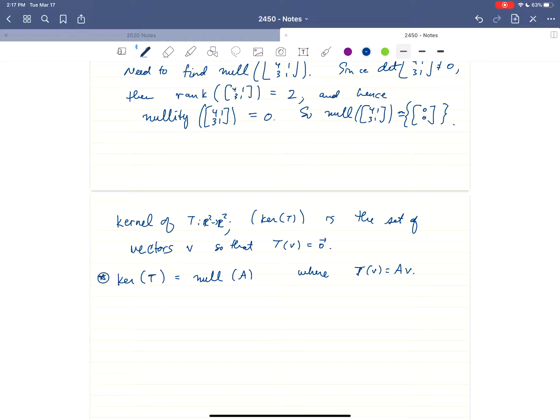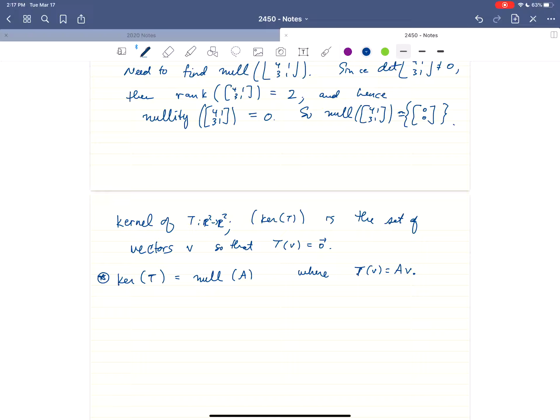So the kernel turns out to be the null space of A. The kernel, though, is defined for all sorts of linear operators, regardless of whether we're going from R2 to R5 or matrices to polynomials or whatever your vector spaces are. The kernel is going to be defined on those.